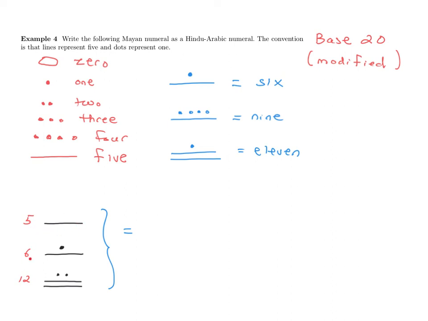Then we add on 6 times an appropriate power. Then we add on 12 times an appropriate power. So the computation is going to be 5 multiplied by something plus 6 multiplied by something, then plus 12 multiplied by something.